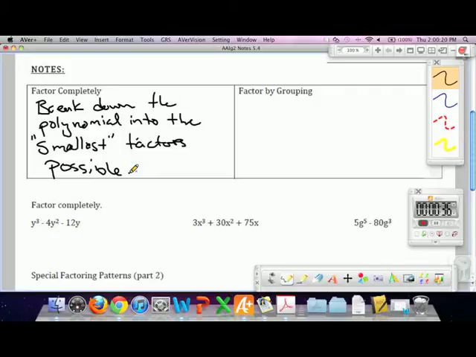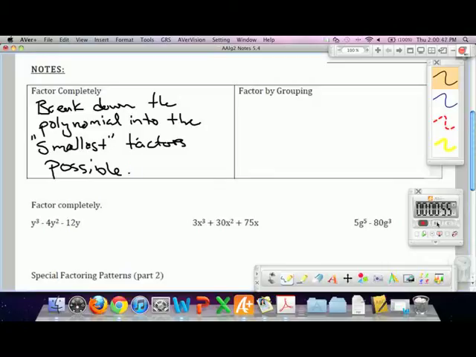Okay. We're going to be using a new strategy for this, but maybe not necessarily new, but it's a strategy we can use. It's called factor by grouping. And believe it or not, we've already been doing factoring by grouping. You may not even know it.